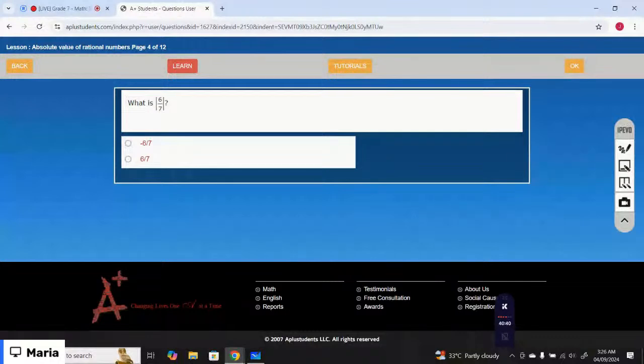What is the absolute value of 6 over 7? So which is the correct option?